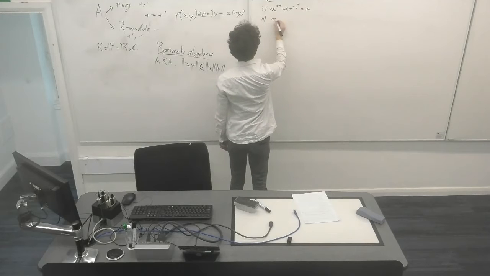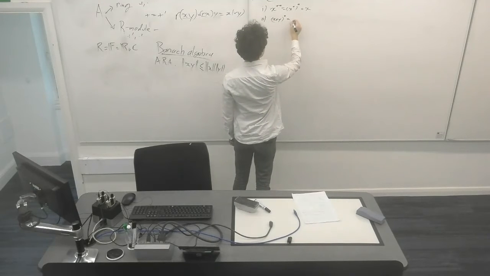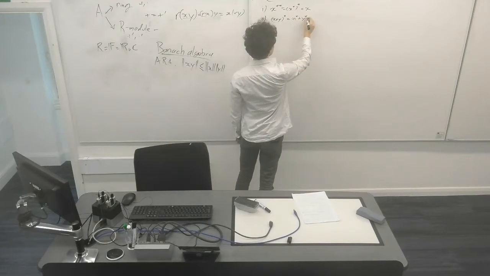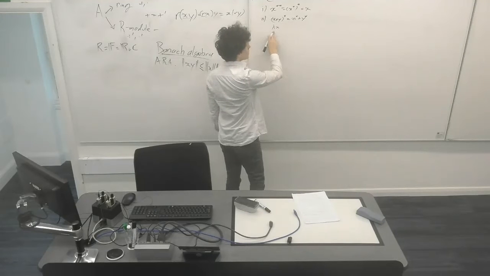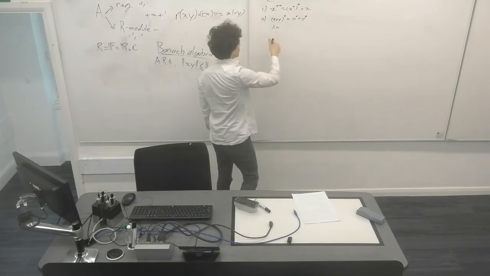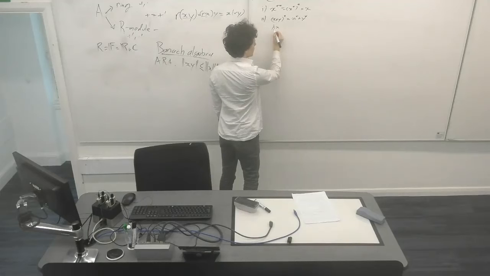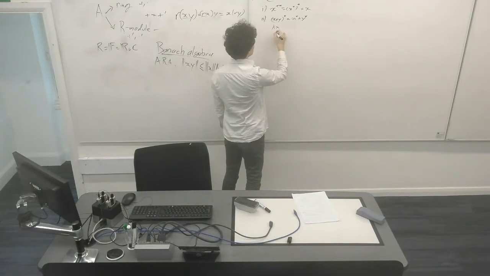It has linearity: x star plus y star. And we're doing this over C, so the field is C, and lambda here is a complex constant.